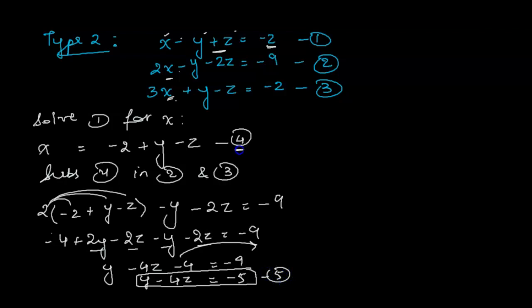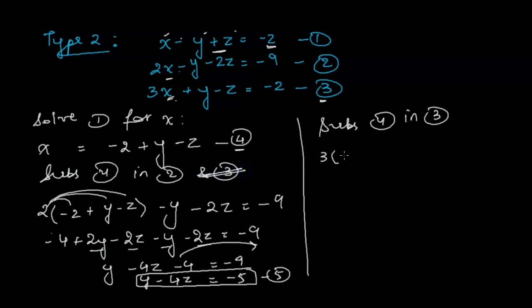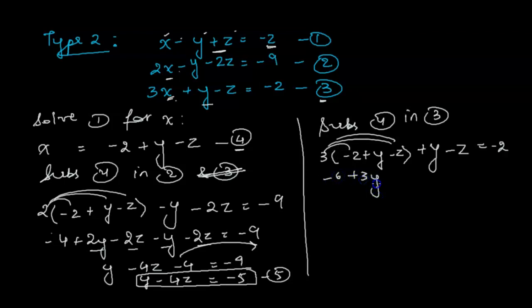Similarly, we'll substitute 4 in 3 as well. In place of x, we put in -2 plus y minus z, plus y minus z is -2. Expand this further as well, and we get -6, 3 times y is 3y, 3 times minus z is -3z, plus y minus z is -2.